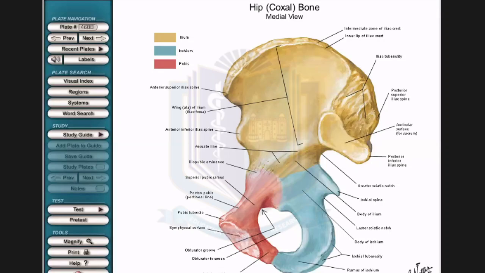The arcuate line is a portion of the medial border of ilium, and it divides the false pelvis from the true pelvis area. And what is the difference between the false pelvis and true pelvis?